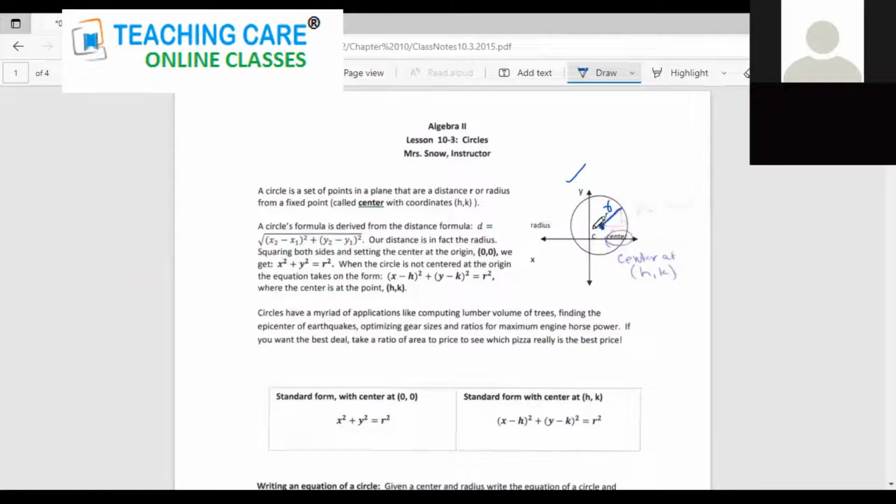If this point is 1, 2, that will become h, k. The circle's formula is derived from the distance formula.